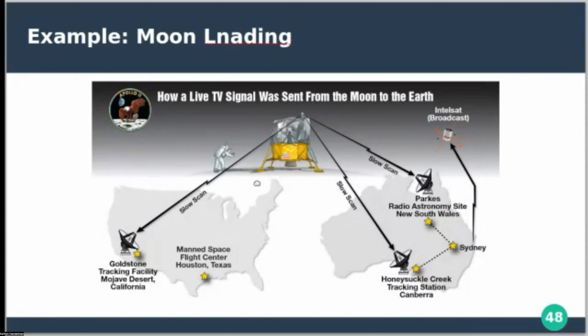So the TV signals from the moon landings would go through, depending on where it was, either Australia or California, the Goldstone tracking facility in the Mojave Desert, and so on and so forth. And then that would get transmitted back. And actually it would go from the lunar lander to one of the orbiting Intelsats to one of the ground stations.